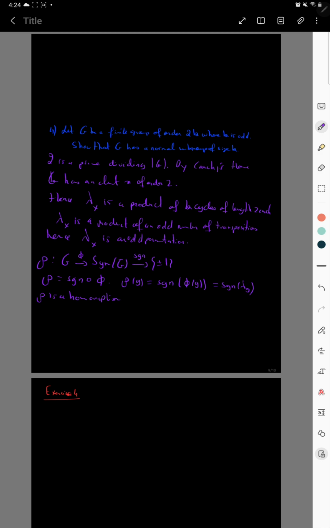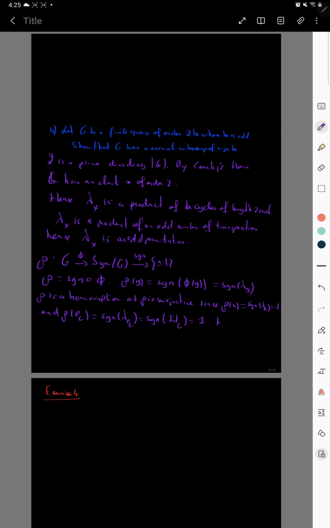And rho is surjective, since rho of x is minus 1, because lambda x is an odd permutation, so it's the sign of lambda x, which is minus 1. And rho of the identity in G is the sign of lambda of the identity, the identity function on G, which is always 1.